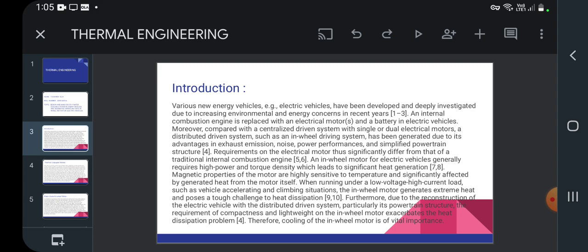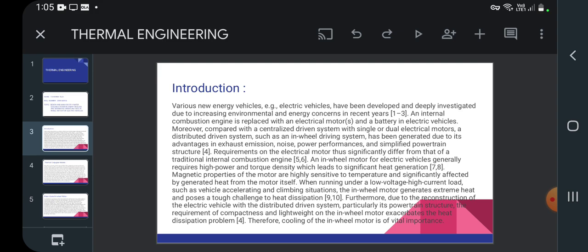Moreover, compared with centralized driving systems with single or dual electrical motors, a distributed driving system such as an in-wheel driving system has been developed due to its advantages in exhaust emission, noise, power performance, and simplified powertrain structure.